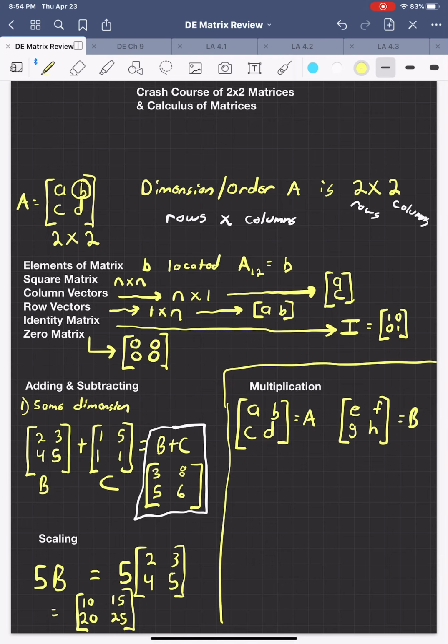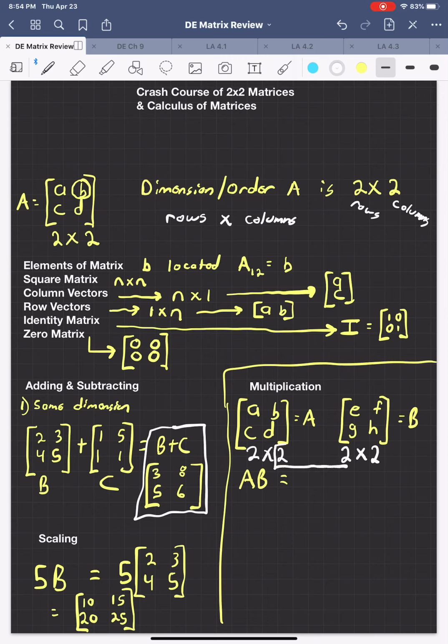Okay, so if you were to multiply A times B, well, first let's identify the conditions that have to be met. The best way to look at it is, this is a 2 by 2, this is a 2 by 2.